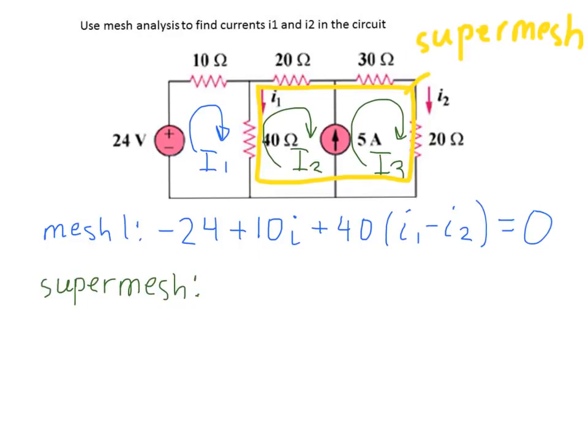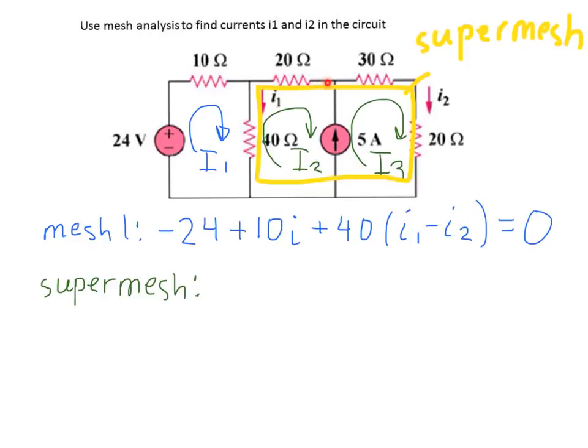What's the difference? When we write the equation for the super mesh, we need to write the equation for the whole super mesh, but we do not ignore the currents I2 and I3, so they should be in the same equation. How to do this? Let's start again with the 20 ohm resistor.